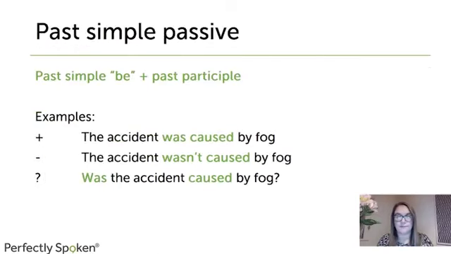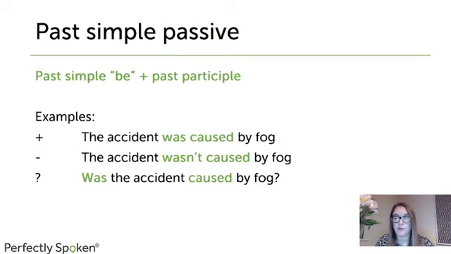Okay, so the next tense we're looking at is the past simple. So we've moved from present simple to the past simple. And again, we'll have a look at a positive sentence, a negative sentence, and an interrogative sentence. So the past simple passive is formed with the past simple of the verb to be and the past participle.